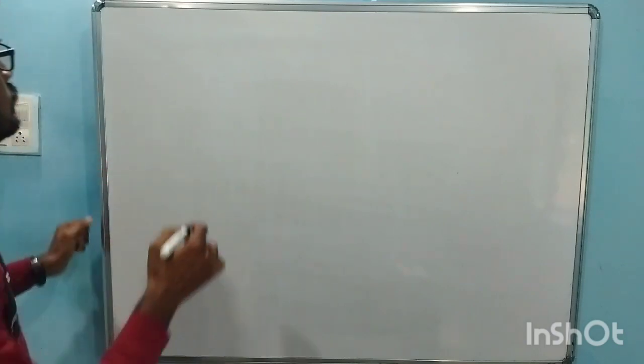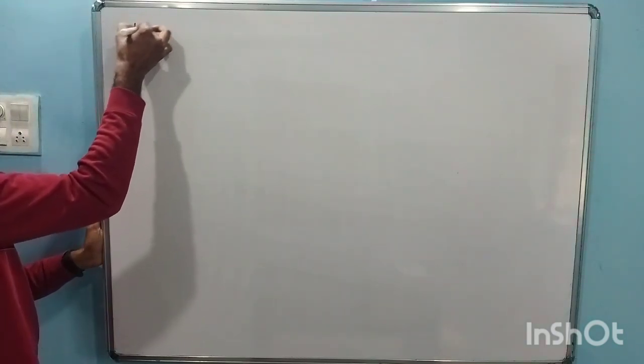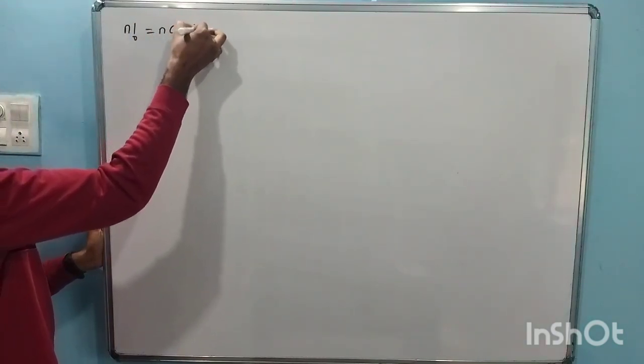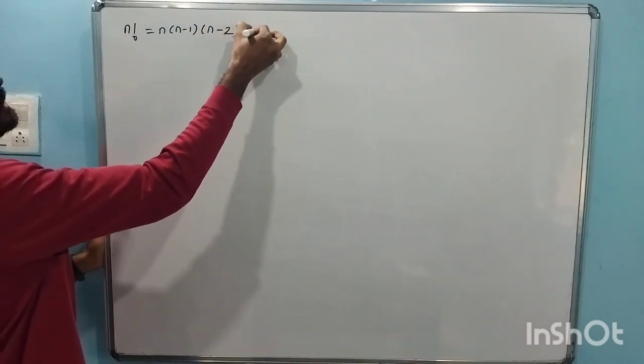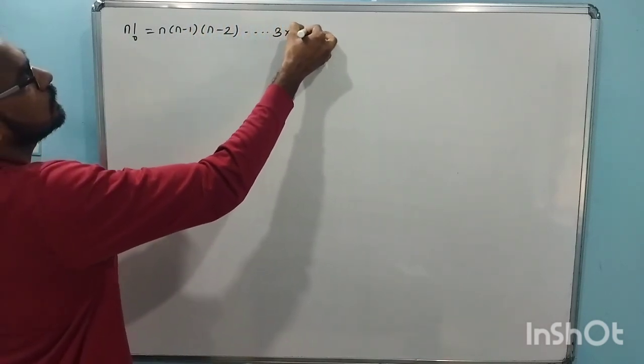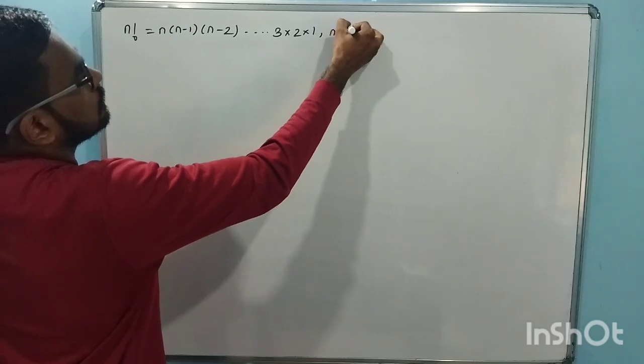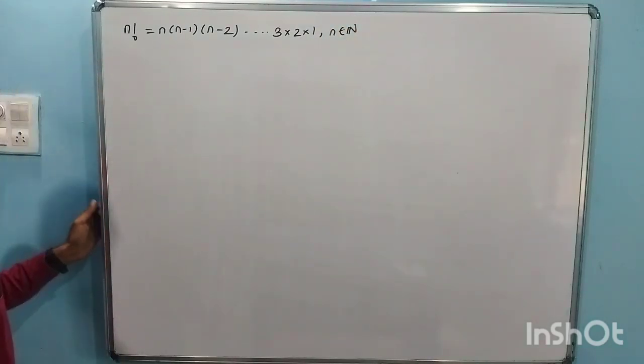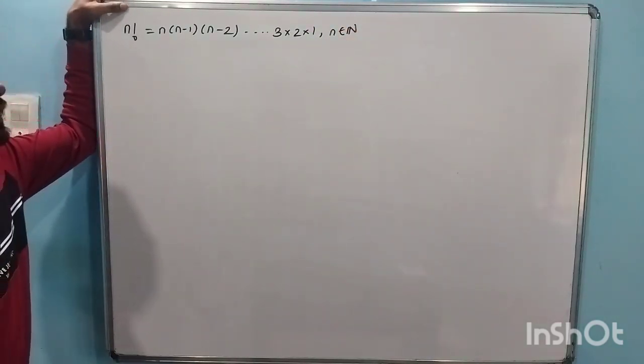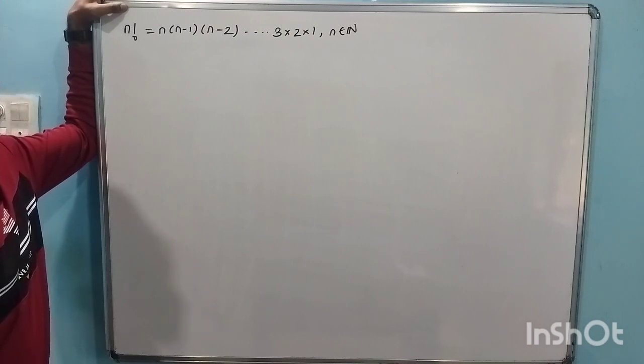So what you have learned is this: n factorial is equal to n, n minus 1, n minus 2 and so on, 3 2 1 for a natural number n, that is, the number of ways of arranging n distinct objects taken all at a time.